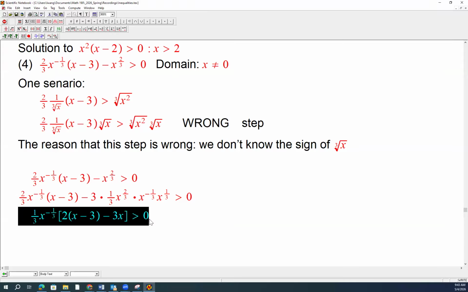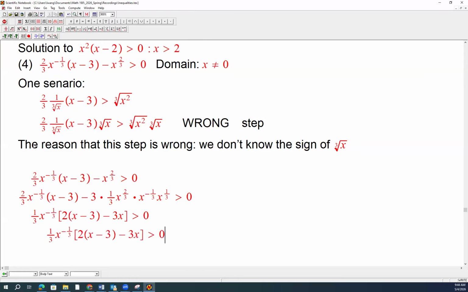So we're going to simplify the bracket. Okay, so let's see what we have in the bracket. In the bracket is 2x minus 6. 2x minus 6, right? So 2x minus 6 minus 3x, we turn into what? Negative 6 minus x.